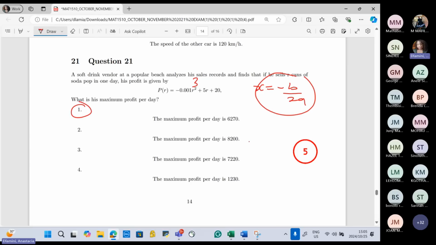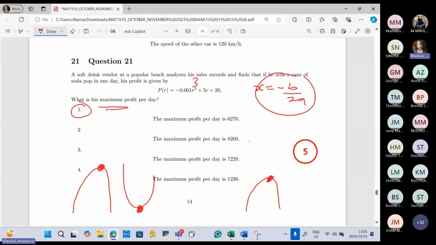Now, with the quadratic equation, we know it's a parabola like this. This is our maximum, and like this is our minimum. We know that this will give us a maximum because the coefficient here is negative, negative 0,001. So our graph will face down like this, so we'll have a maximum.